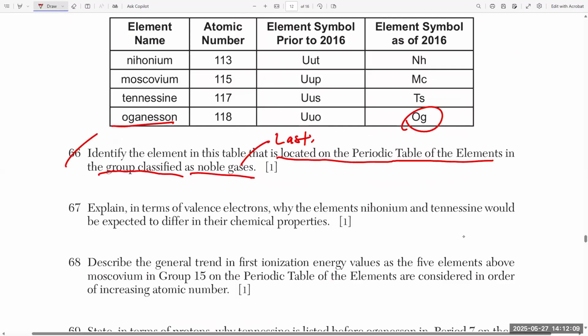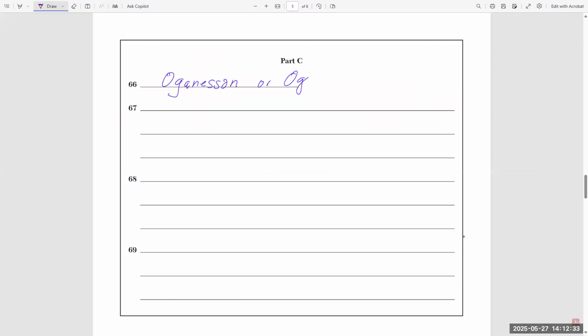67, explain in terms of valence electrons why the elements neonium and tennessine would be expected to differ in their chemical properties. Now, guys, this has nothing to do with this problem. This has everything to do with what these guys are, right? So what do we know? Why do they act differently, right?